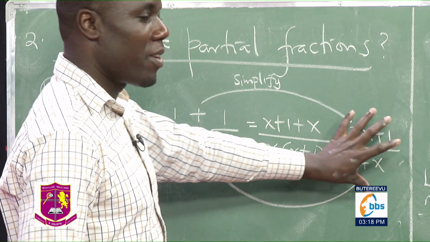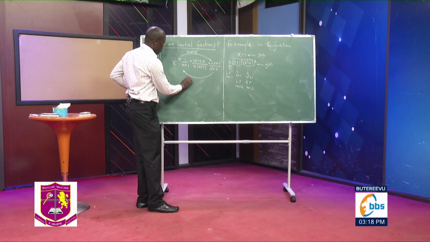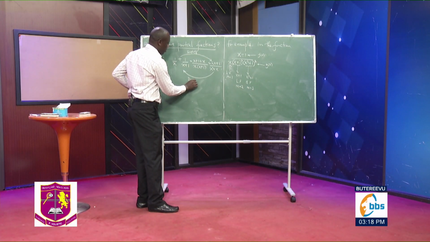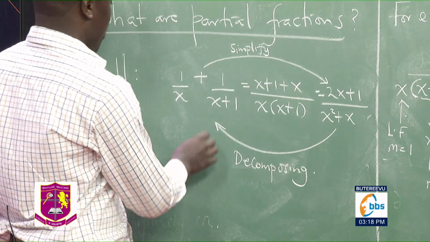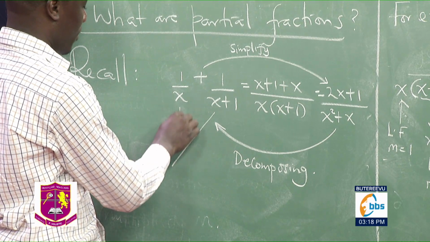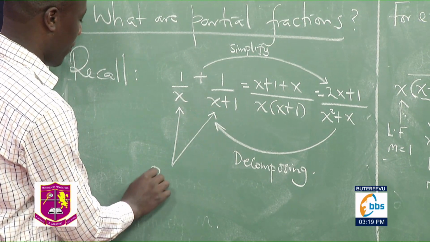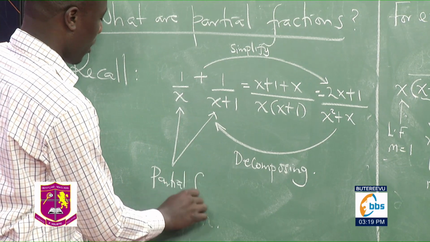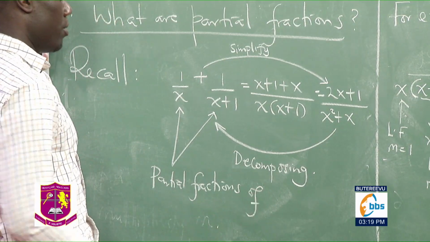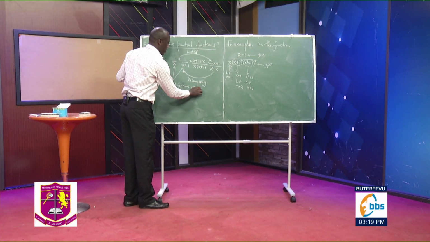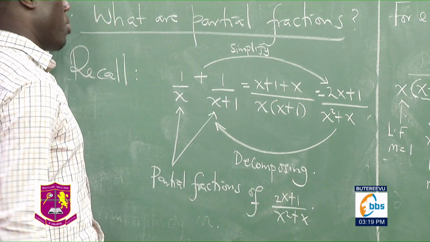However, here, when you're decomposing into partial fractions, we will be moving from this direction back to that direction. In other words, we get something in compressed form, and then we break it, and we shall be calling that decomposing. So these two guys here are the ones we are calling the partial fractions of that guy there, 2x plus 1 over x squared plus x.